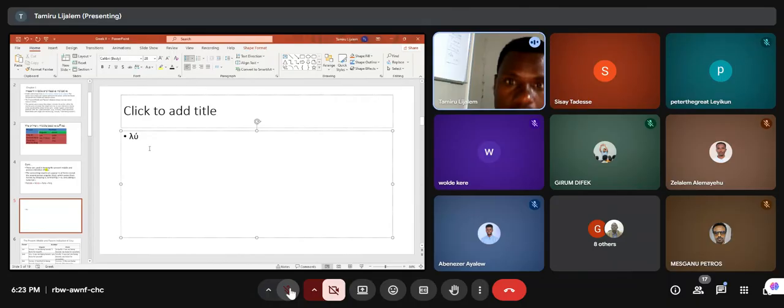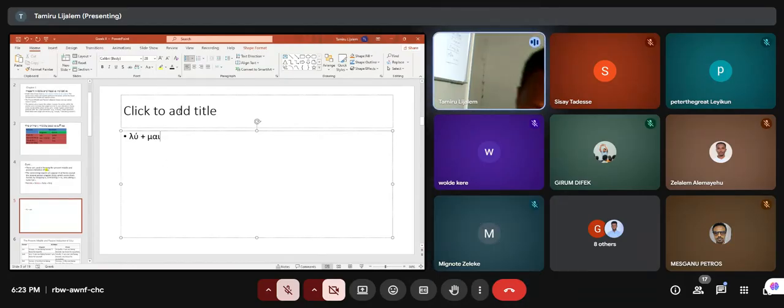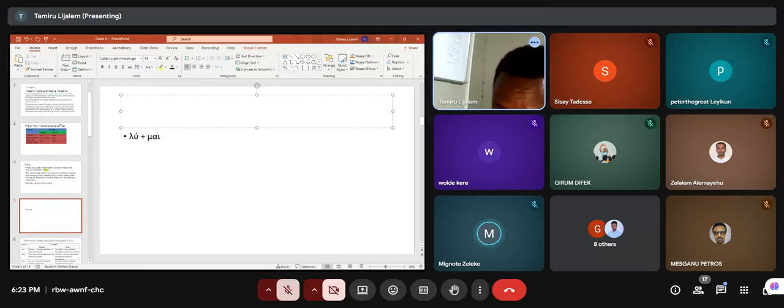So if you add this person number suffix, for example, the first person singular, would you remember that one? Yes, it is omega. No. We have been discussing passive or middle.